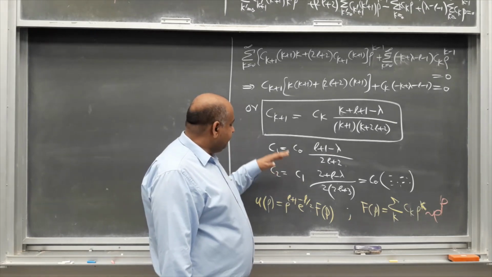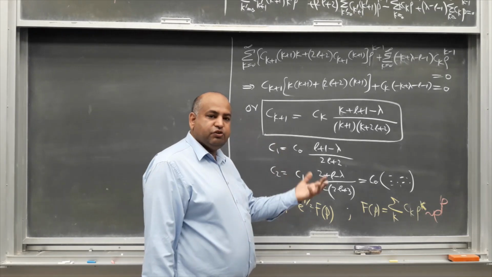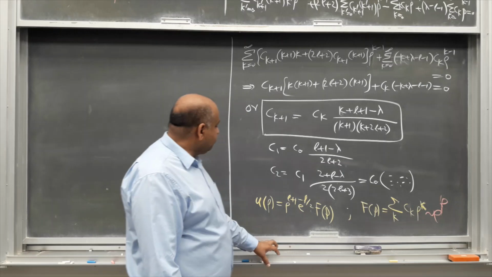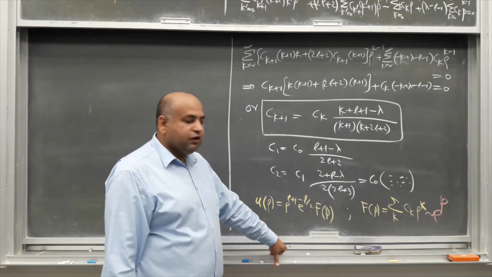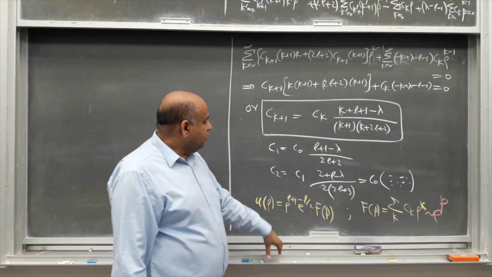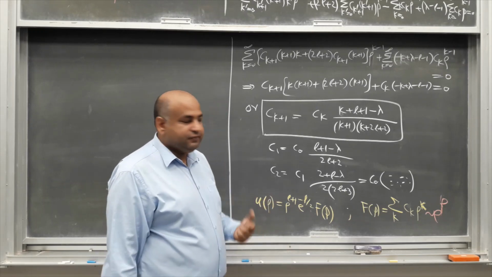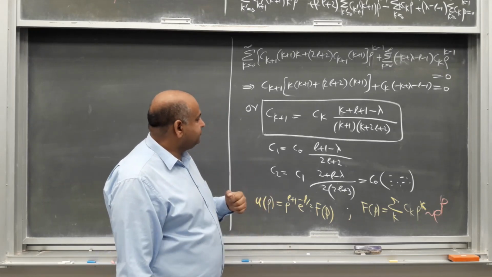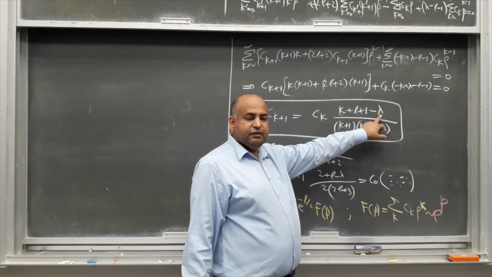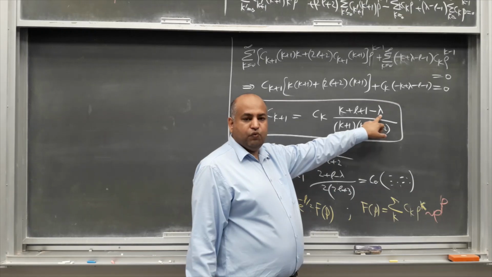We might have C0, C1, C2, C3, and then C4, C5 all the way are 0. Or maybe we have coefficients 1, 2, 3, 4, 5, 6, and then after 6 all of them are 0. How do we make that happen? That can happen if and only if this lambda is an integer greater than or equal to 1.